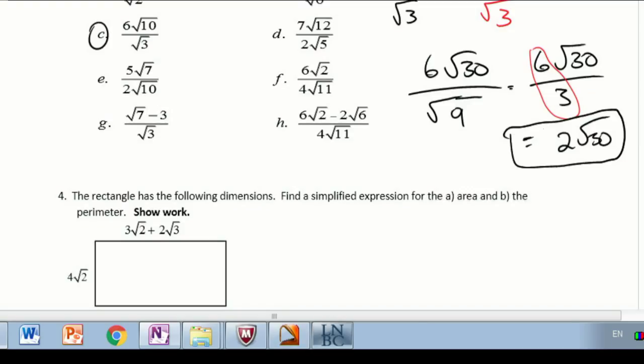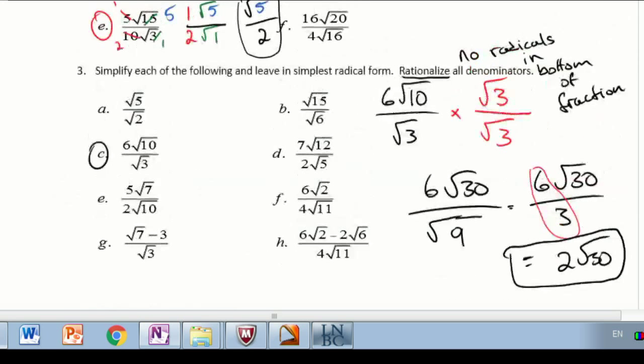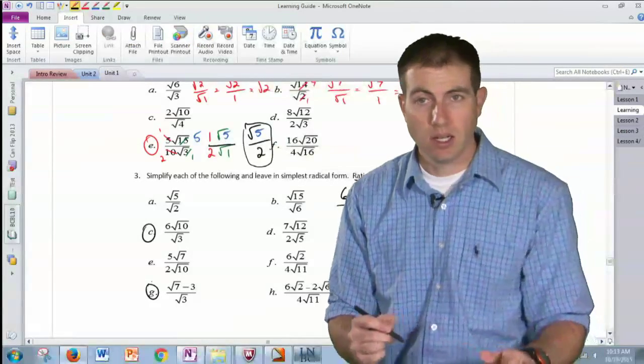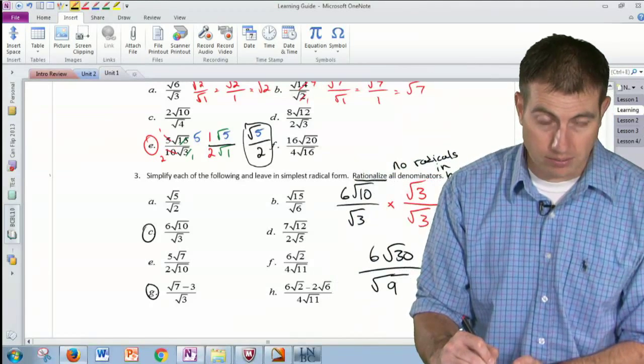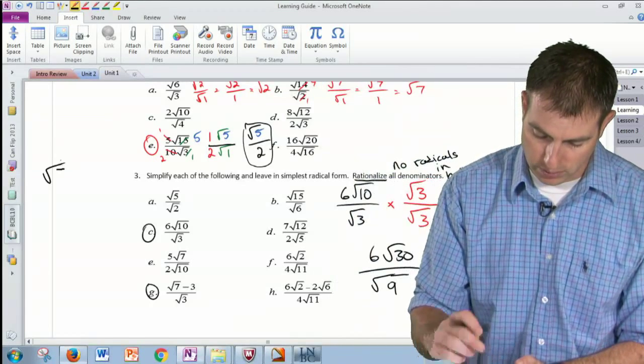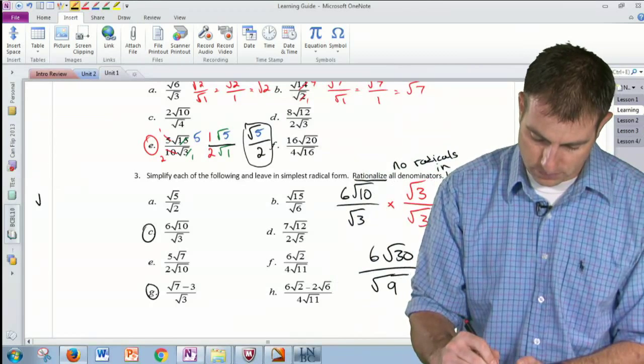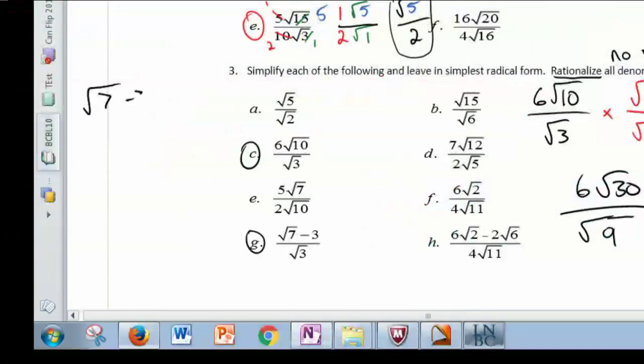So let's do one more of those because they can get a bit tricky. Maybe let's do G. I'm going to do G over here on the left side. So root 7 minus 3 over root 3.